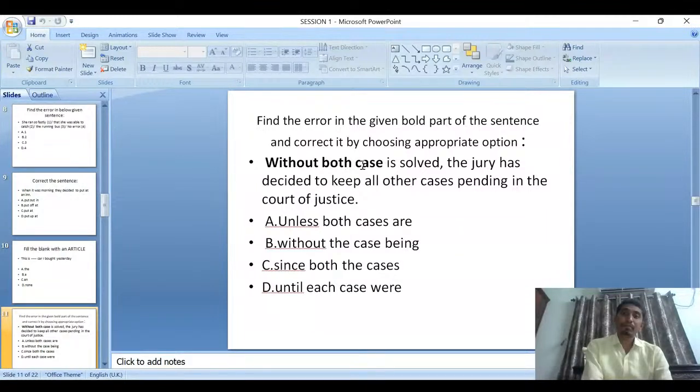If the subject is plural, the verb must be plural. So the options are: unless both cases are, without the case being, since both the cases, until each case were. Unless both cases are is the correct option because it is in present tense and plural. "Being" won't work here, and "until each case were" is in past tense. So the correct option is A.